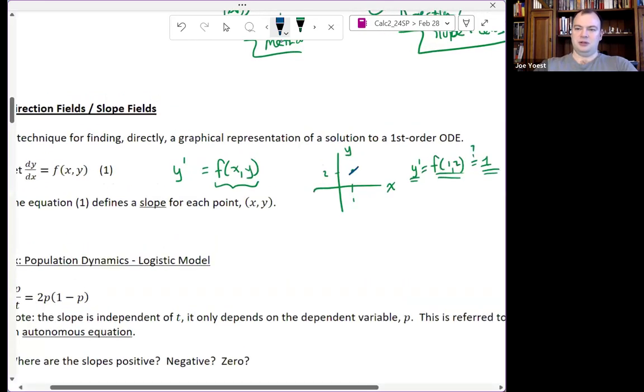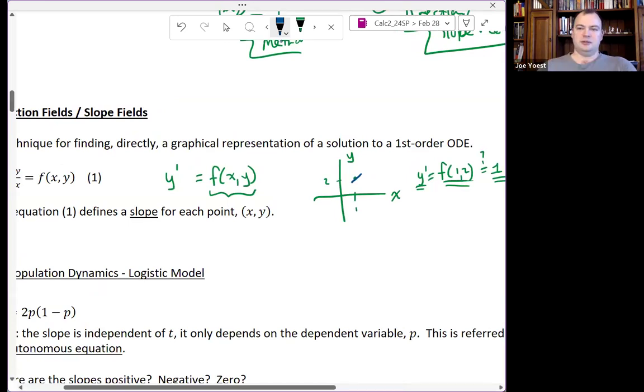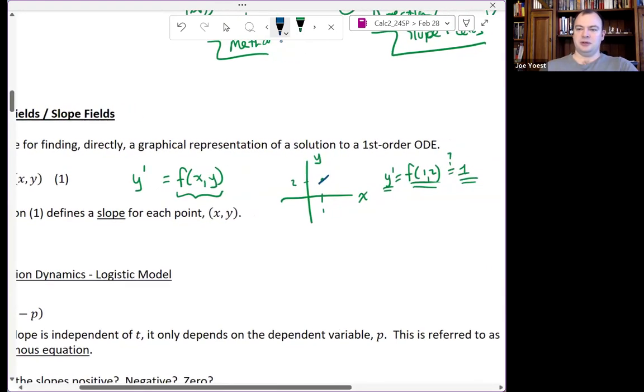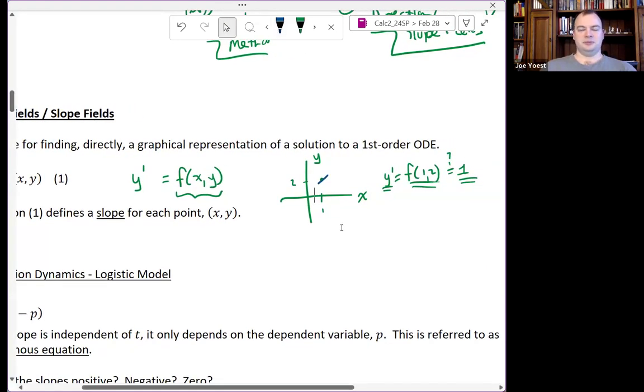Let me zoom in a little bit more. I could draw a little chunk of a tangent line through this point 1 comma 2 with slope 1.